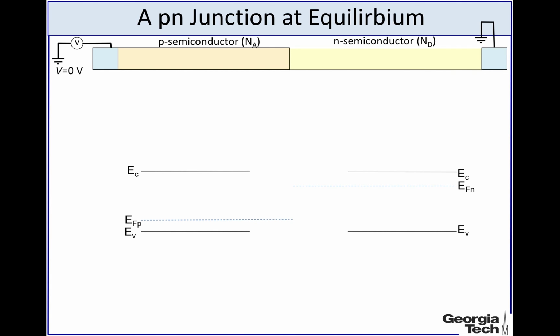So to understand what VBI is, let's look at the energy band diagram of a PN junction at equilibrium, at V equals 0.